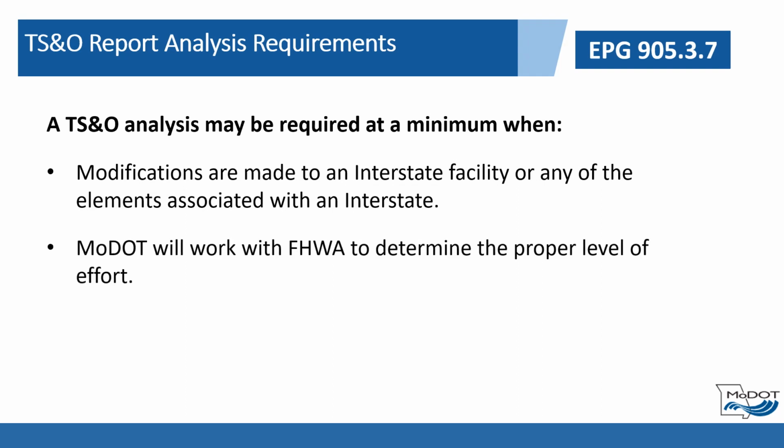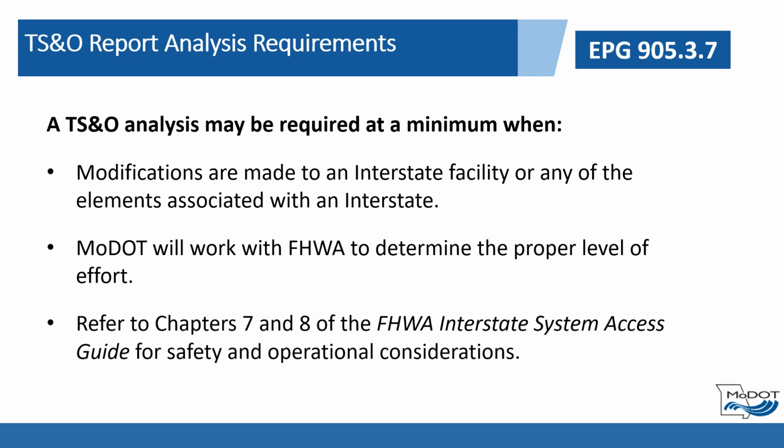MoDOT will work with the FHWA Division Office to determine the proper level of effort on a case-by-case basis. Refer to Chapters 7 and 8 of the FHWA Interstate System Access Guide for safety and operational considerations. This reference is provided at the end of this video.